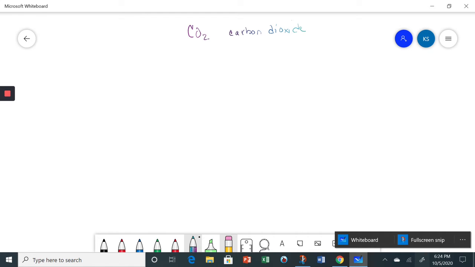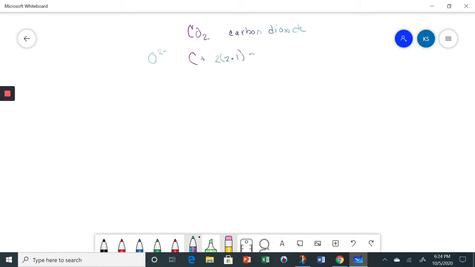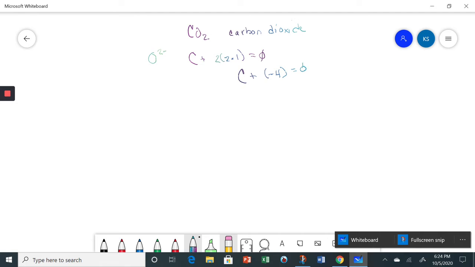Okay, now, if I were to do charges, we say by default oxygen has a 2 minus. Right, so right now I have 2 times a 2 minus plus something for the carbon has to add up to 0. So carbon, this will be a minus 4, adds to 0. When we rearrange, carbon's a plus 4.